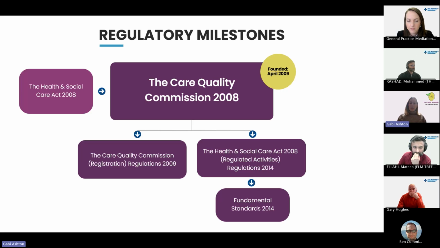There are a number of fundamental standards that essentially outline what good care looks like, a baseline principle and a minimum requirement for what we would expect any health and social care provider to adhere to. That's what we use when we're thinking about inspecting, and when we're thinking about possible enforcement action or breaches of regulations. We're looking at how providers meet the fundamental standards and whether or not they are complying with the Care Quality Commission 2009 regulations as well.